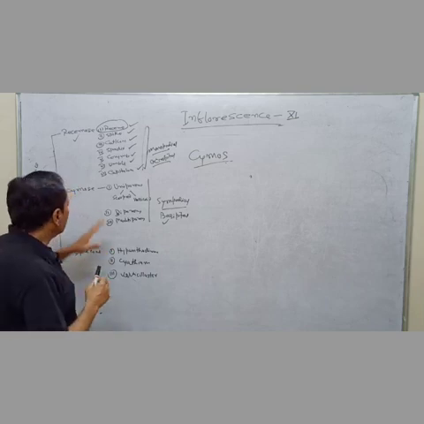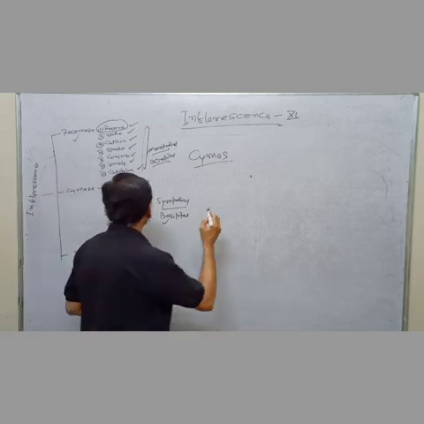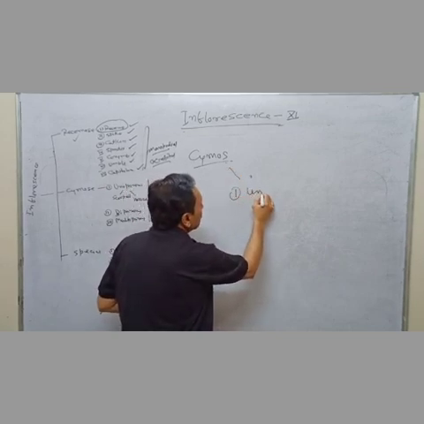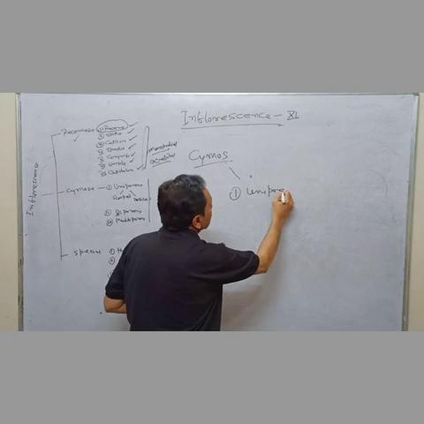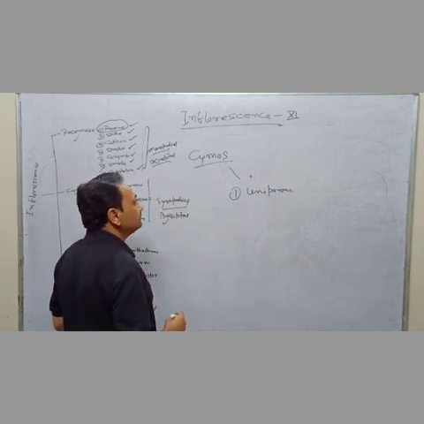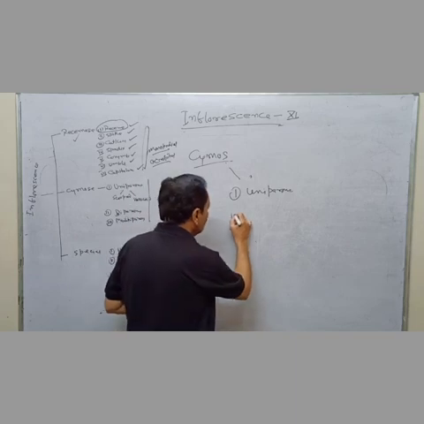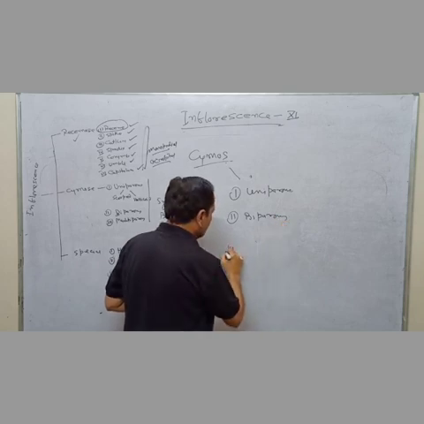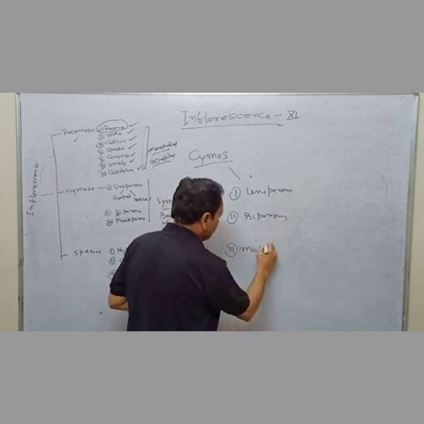Now, on the basis of the branching of the peduncle, we can divide it into three different types. Number one, uniparous. Number two, biparous. Number three, multiparous.